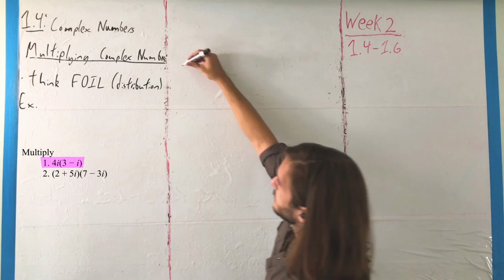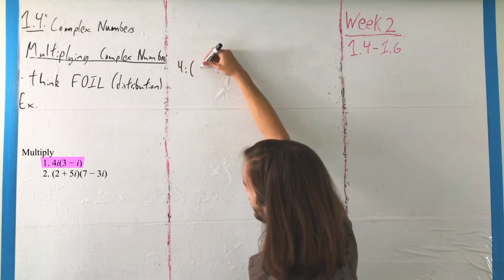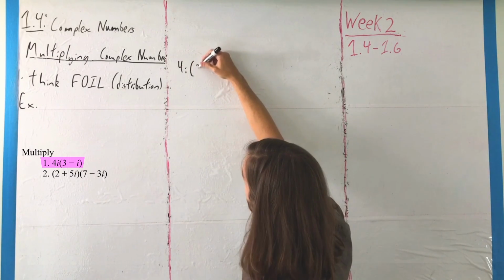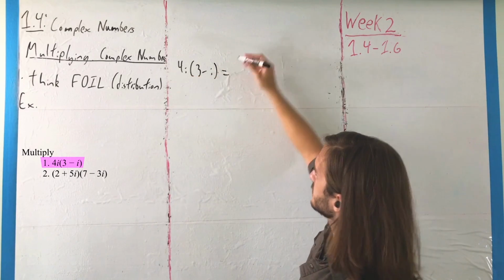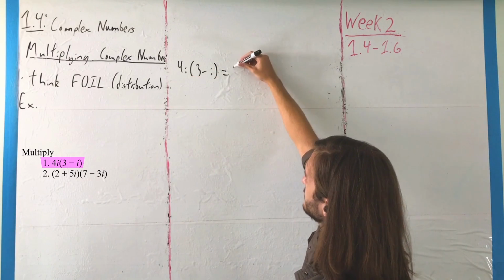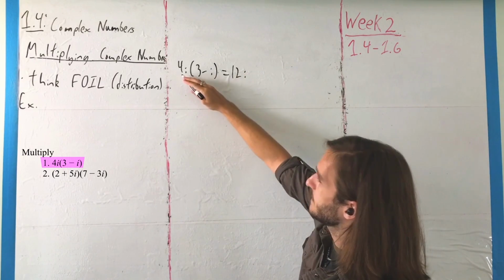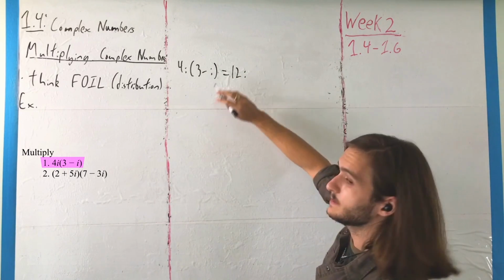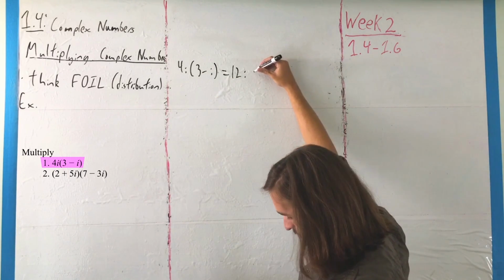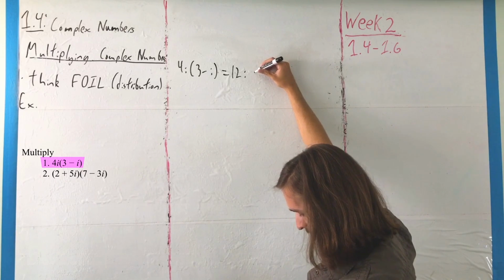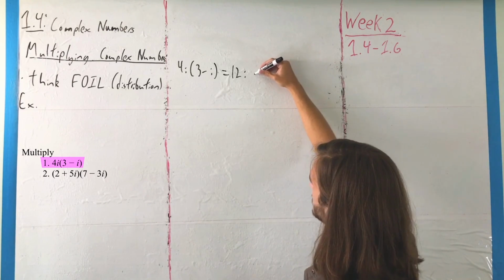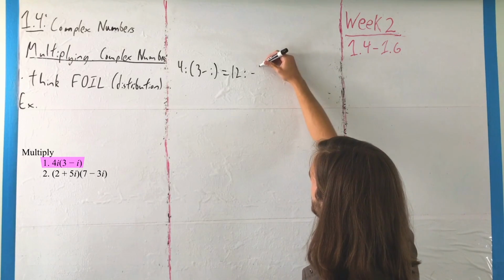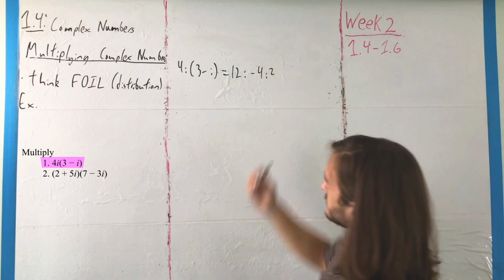When I'm dealing with 4i times 3 minus i, I just go piece by piece. So 4i times 3 would be 12i. Multiply 4i times negative i, and this is one we have to be a tiny bit more careful with, because what we would have there is negative 4i squared.